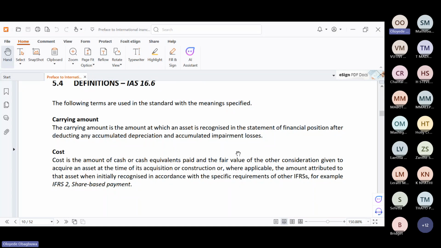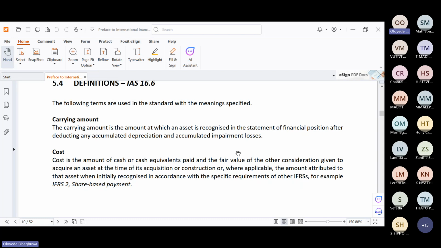Then you have cost. Cost is the amount of cash or cash equivalent paid and the fair value of the other consideration given to acquire an asset. So when you acquire an asset, it's either you pay money for that particular asset, or there's an exchange of other assets, or there's a consideration you are giving up for you to acquire that asset.